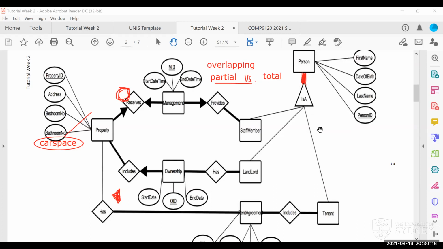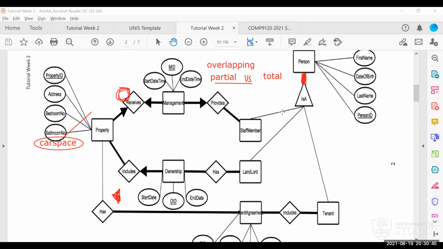The system is only interested in the different person roles appropriate for a real estate company, which is in this case a staff or a landlord or a tenant. We're not interested in a lecturer, or a student, or anything other than these three, basically. That's why we should be using total instead of partial.